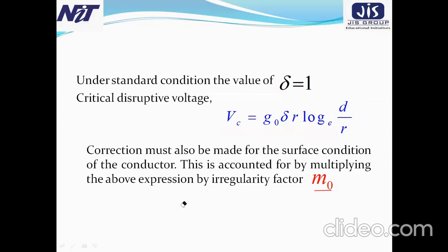This is accounted for by multiplying the above expression by the irregularity factor. So what is the irregularity factor? That is M0. Now we will discuss what M0 is.